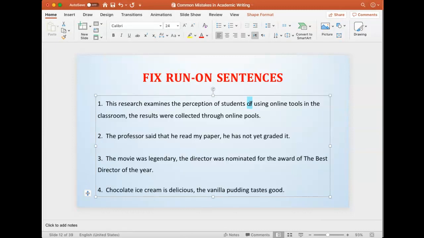Okay, of using online tools, of students using online tools in the classroom. So what do you think? This looks like a run-on sentence. How can we solve it?